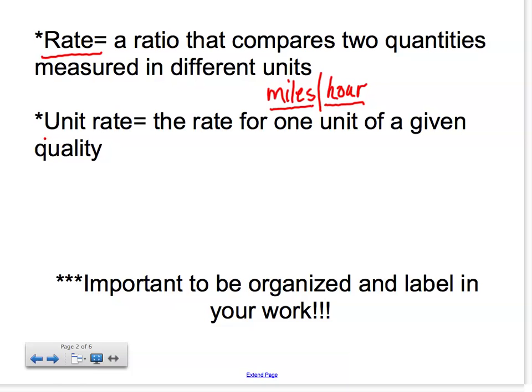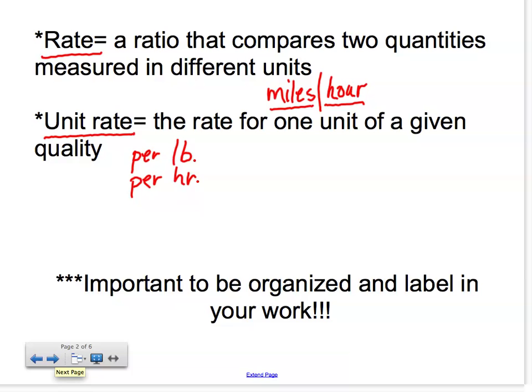A unit rate is the rate for one unit of a given quantity. That would be, for example, per pound. How much is something per pound? Or per hour, a single hour.